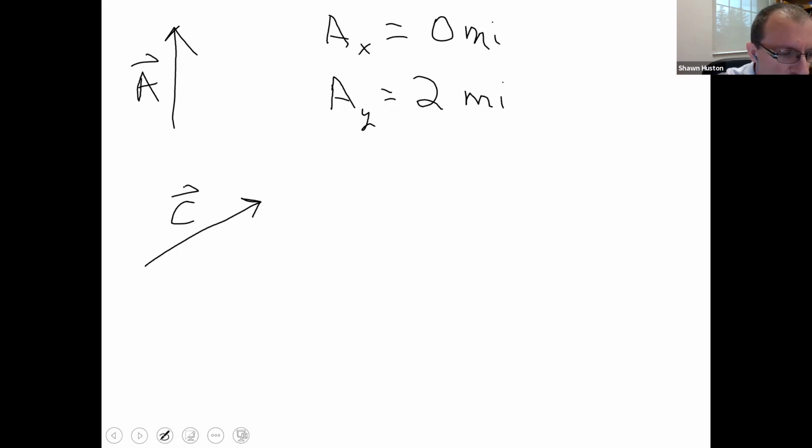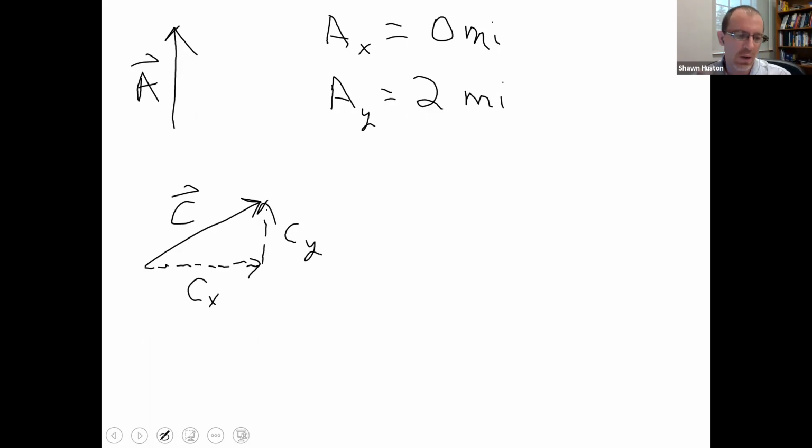I start where vector C starts, and then I draw a dashed line in the x direction until I get to a spot that's right below where my end arrowhead is for C, so that when I draw my next leg, I can just draw it straight up. So that leg right there in the x direction is C sub x. That's my x component for vector C. Now I draw a leg straight up. At least it's supposed to be straight up, and that's C sub y right there.